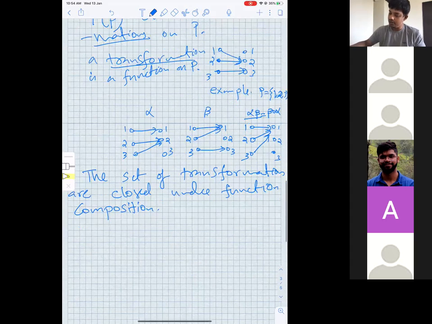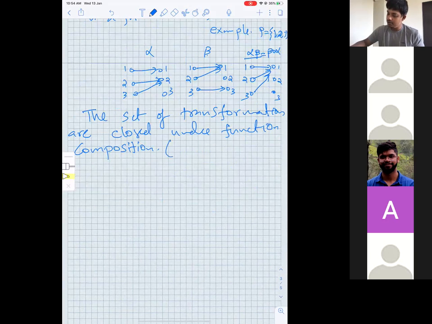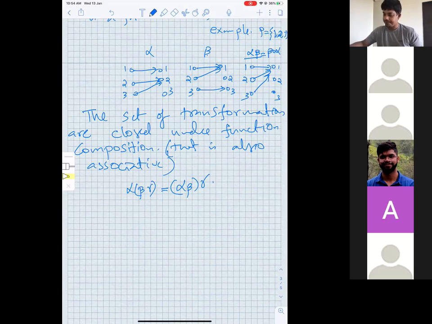And also it is associative. That means if I have three transformations, alpha, beta, and gamma, alpha beta times gamma is same as alpha times beta gamma. Okay, if I have three transformations.